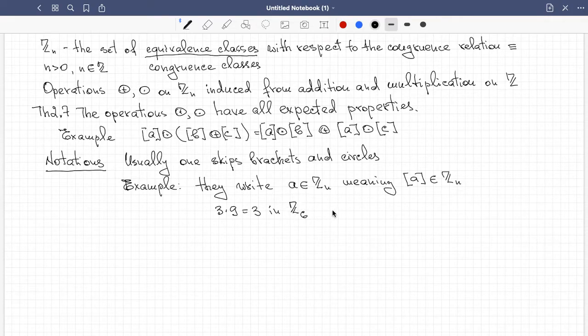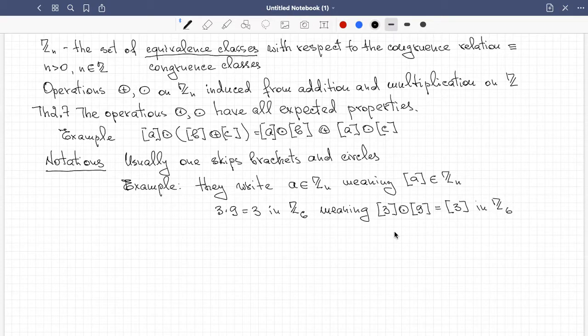Meaning, the class which contains 3 times the class which contains 9 is equal to the class which contains 3 in Z6.